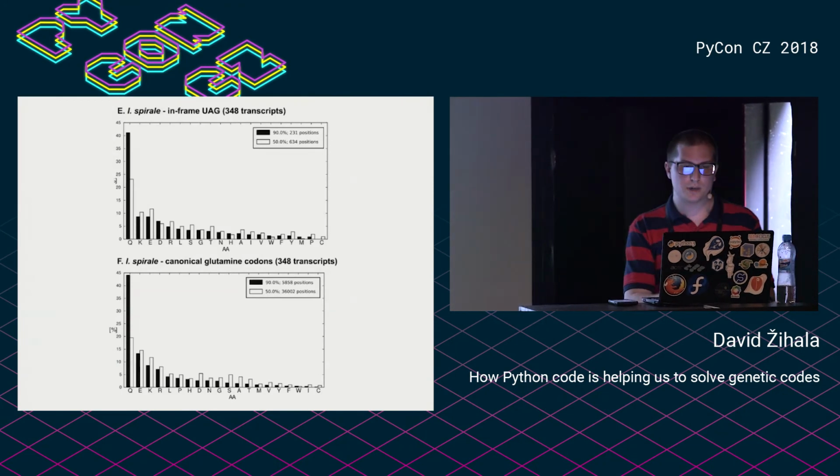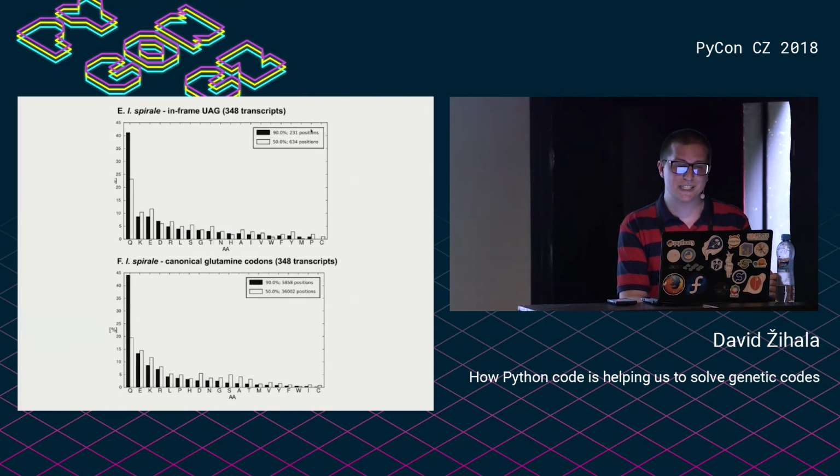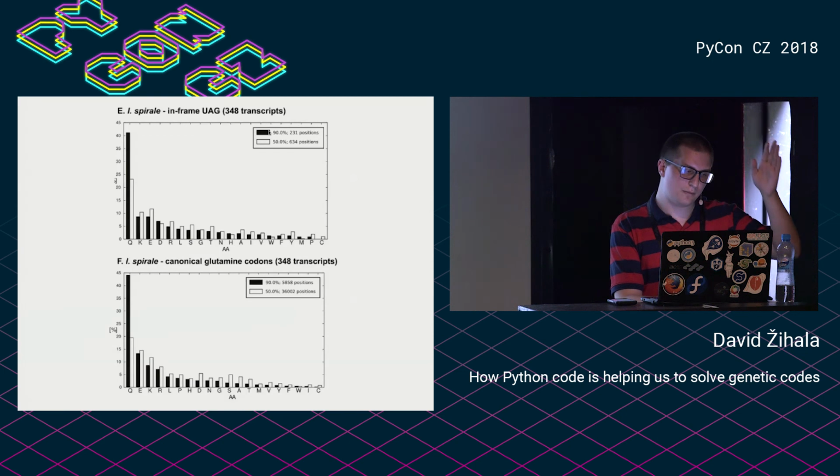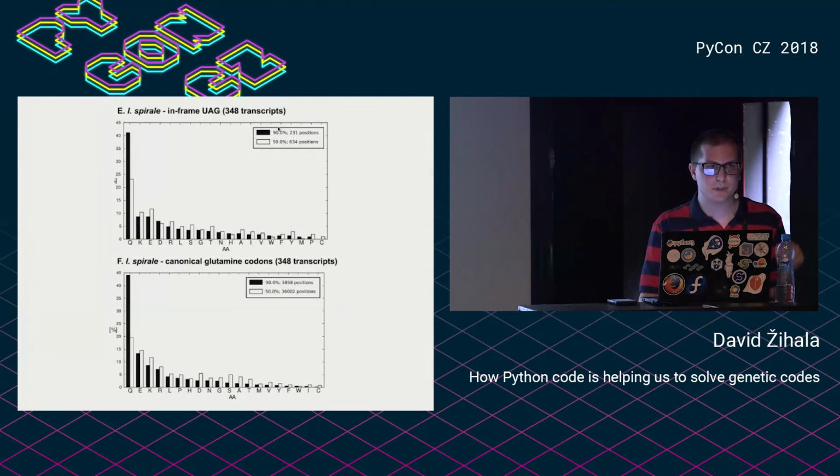When we checked positions where some amino acid was conserved in more than 90% of all organisms, or 50%, we saw that it is most probably glutamine, but it was only in 43% of positions, which is good, but not that much.